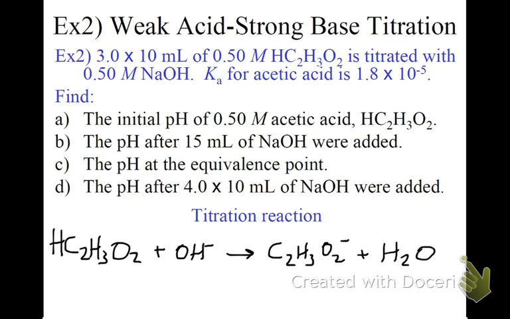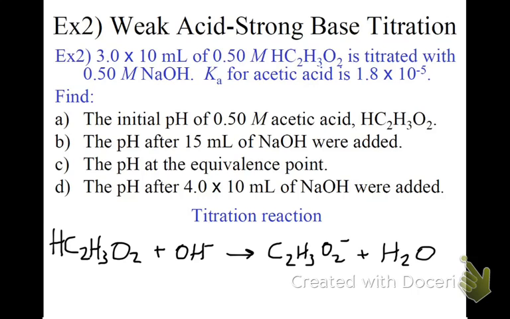And notice this reaction is going all the way to completion. So we're considering this as a strong base, and so it can get those H pluses donated to it to generate water and this acetate.